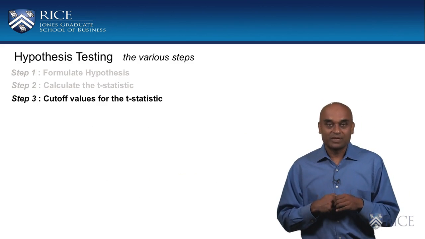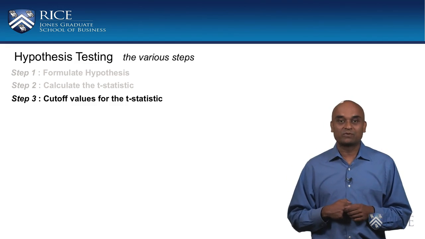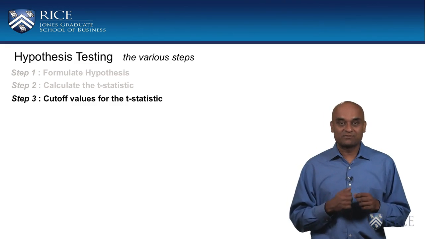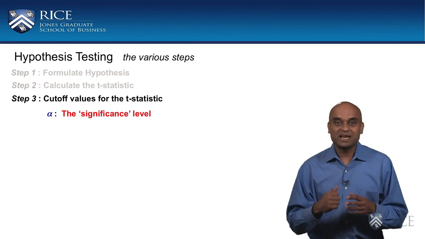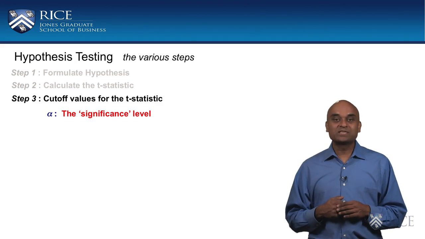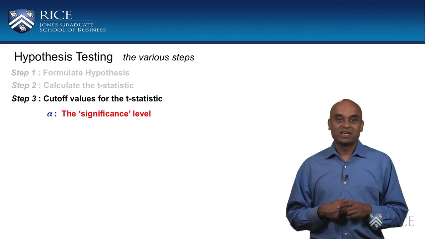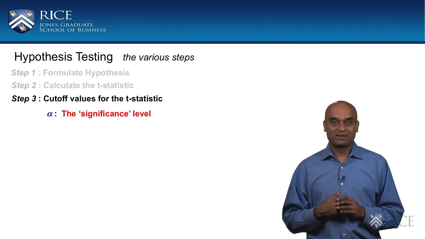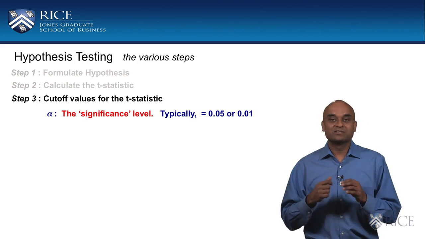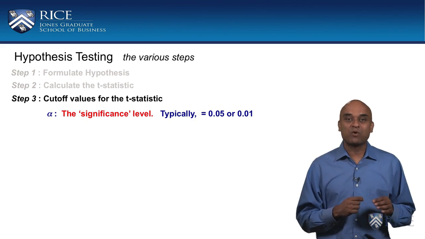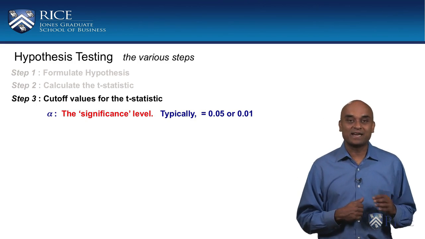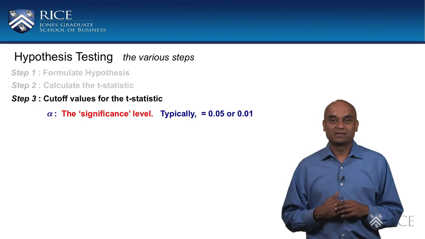Step 3 is to determine the cutoff values for the t statistic, so that you can identify the rejection regions for the hypothesis test. This is done by first specifying a familiar value alpha, which in the context of hypothesis tests is also called the significance level. The values of alpha that are commonly used in the industry are 0.05 and 0.01, corresponding to 95% confidence and 99% confidence respectively.